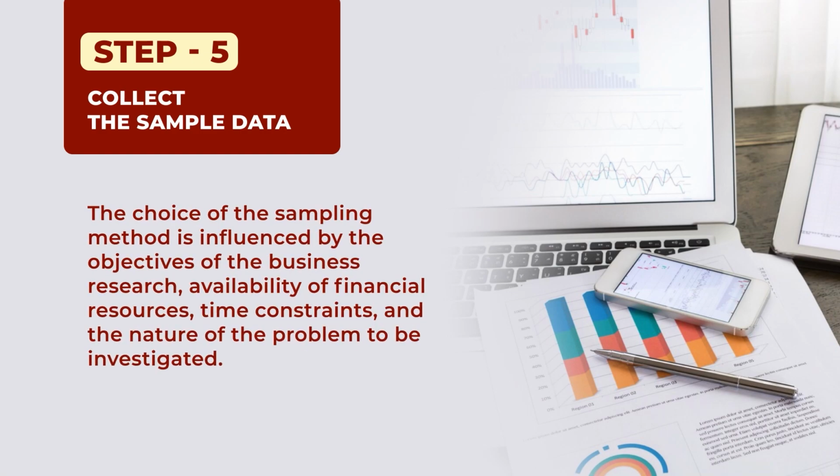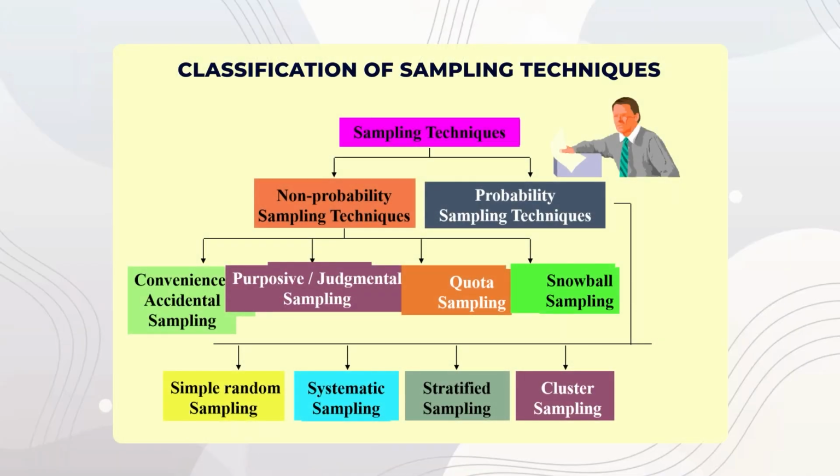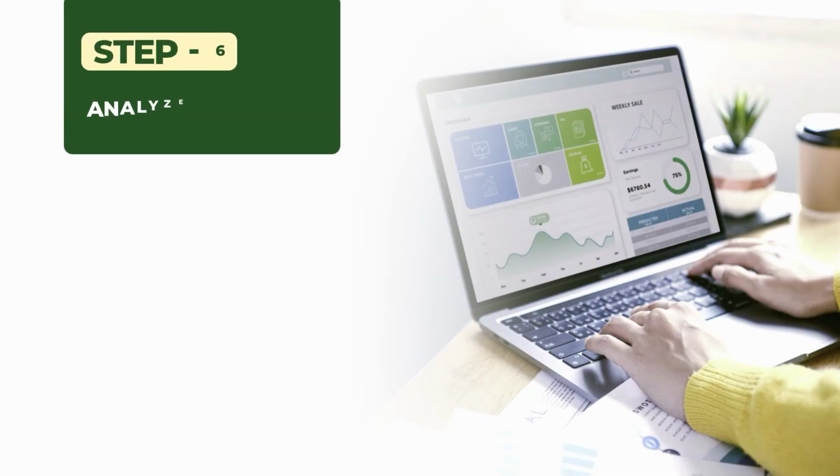The choice of the sampling method is influenced by the objectives of the business research, availability of financial resources, time constraints, and the nature of the problem to be investigated. In case of the non-probability sampling methods, we can use convenience or accidental sampling, or purposive or judgmental sampling, or quota sampling, or snowball sampling. Whereas in case of probability sampling, we can use simple random sampling, or systematic sampling, or stratified sampling, or cluster sampling.